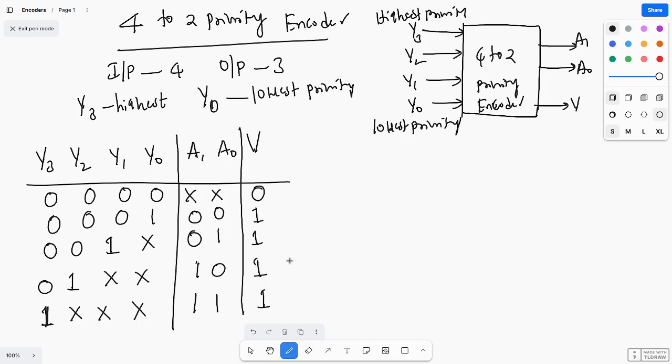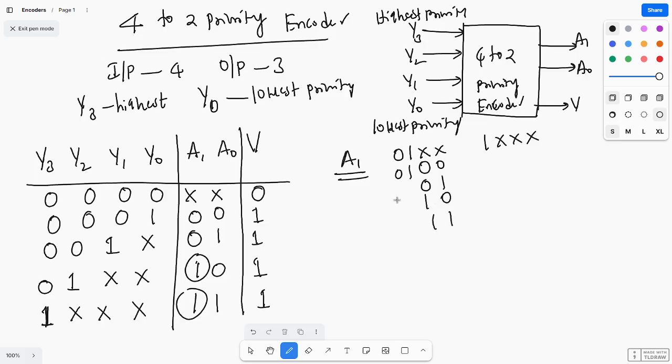So from this I can get the minterms for a1, a0 and v. If you see a1, what are the minterms? Where you got a1 as 1? This one and this one. So 0 1 don't care don't care, and 1 don't care don't care don't care. Two don't cares can be written as 0 0, 0 1, 1 0, 1 1.